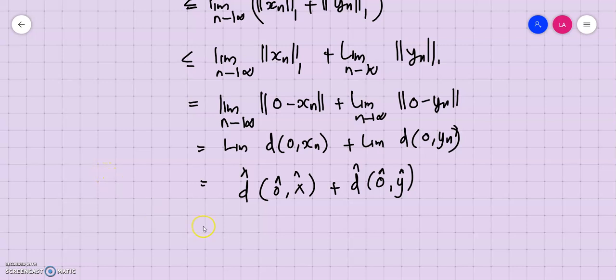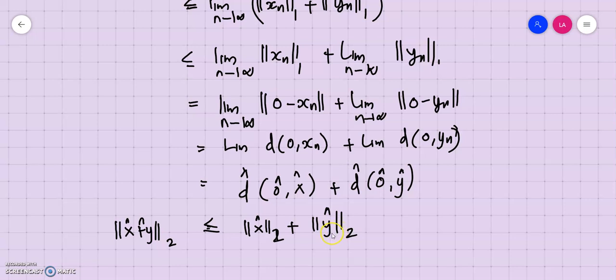So which is actually norm of x cap 2 plus norm of y cap 2, sorry, 2 not 1. So we started with norm of x cap plus y cap 2, which is less than or equal to all these things. So norm of x cap plus y cap is less than or equal to norm of x cap plus norm of y cap.